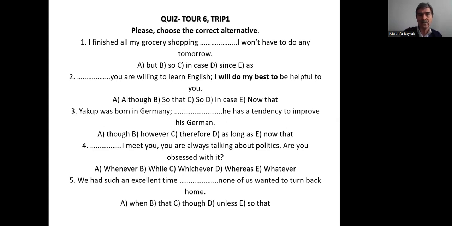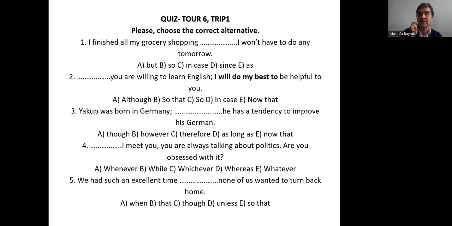Okay. Jakub was born in Germany. Right. He has a tendency to improve his German. Though, however, therefore, as long as, now that. Jakub was born in Germany, therefore, that's why. Yes, that's why.